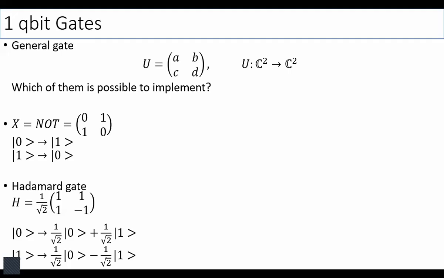And where does 1 go? It goes to 1 over square root of 2 of (0 minus 1), which will go by Hadamard to 1 over square root of 2. Let us look more carefully. This would be 1 over square root of 2 of (0 plus 1) minus 1 over square root of 2 of (0 minus 1).